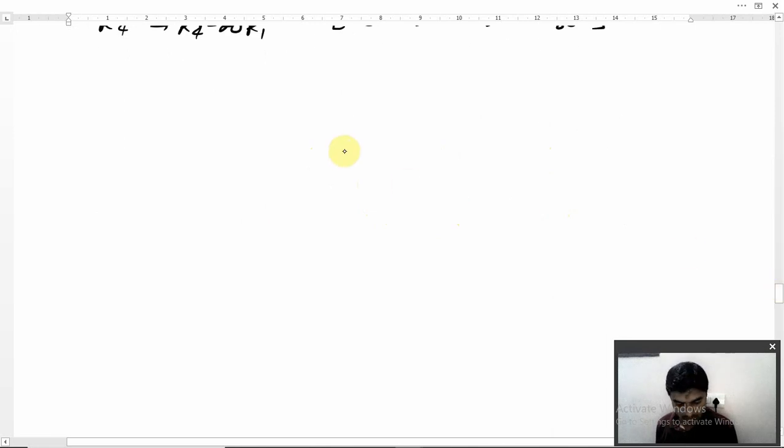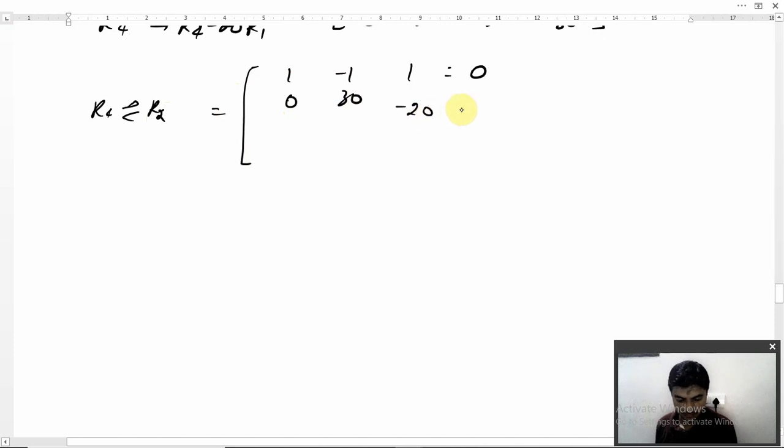Then next I will just interchange R4 and R2 so that the last row will become 0. So this is only what I am going to interchange. So the next value will be 1, minus 1, 1, no change. Only this value will be the last row, that is 0, 30, minus 20, and this is 80 I get.